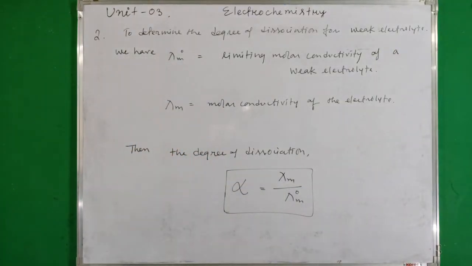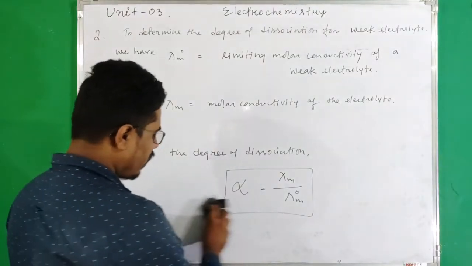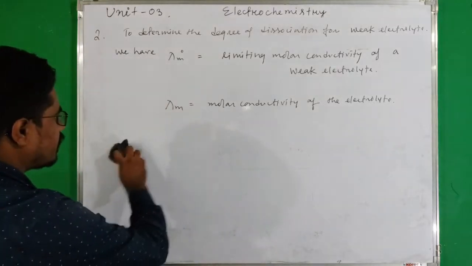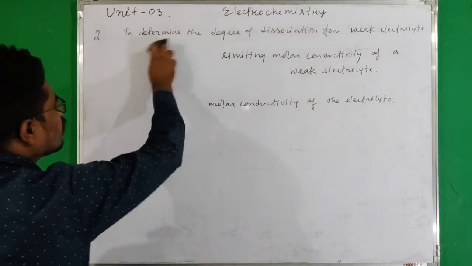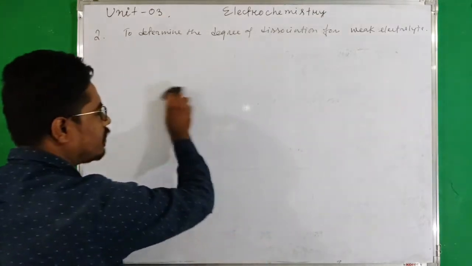So this one is another application. So using this formula, we can determine the degree of dissociation. So when we have the degree of dissociation, then we can again determine the dissociation constant for a weak electrolyte.